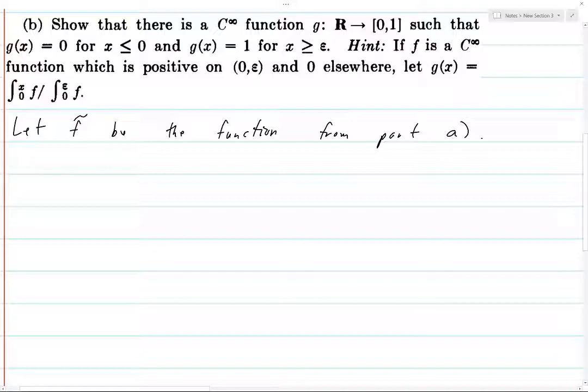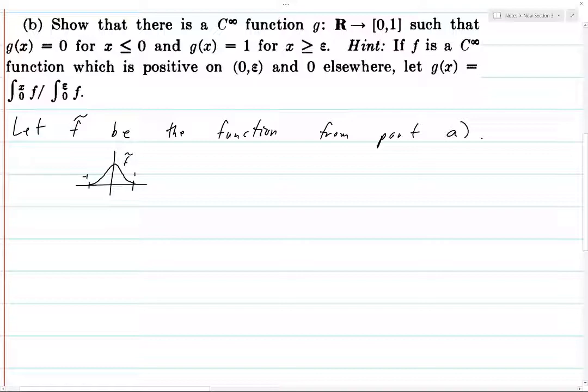Now what I want to do is, if you remember from part A, we had f tilde was like this function. It was like a bump here. I mentioned this at the end, so this is -1 and this is 1. And this is f tilde.